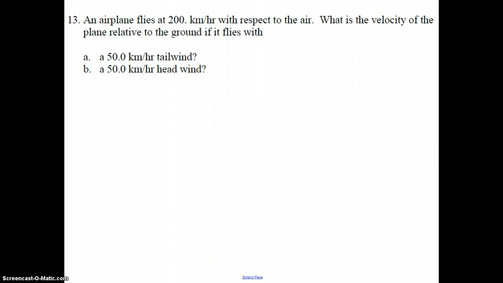So for A, let's just sketch this out. We have, let's say the plane is flying in that direction at 200 kilometers per hour, and the plane experiences a 50 kilometer per hour tailwind.